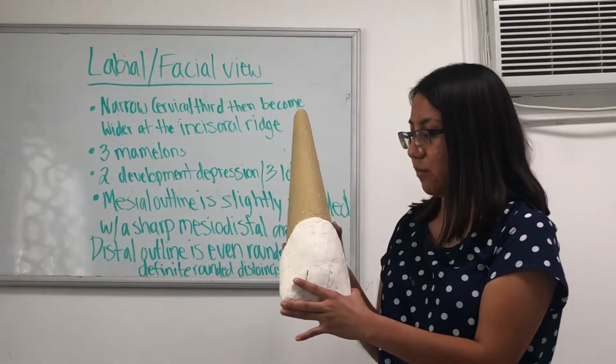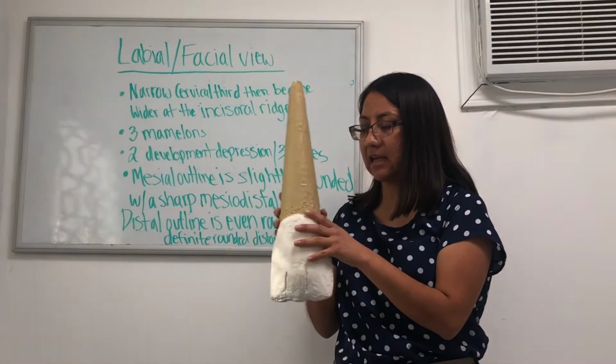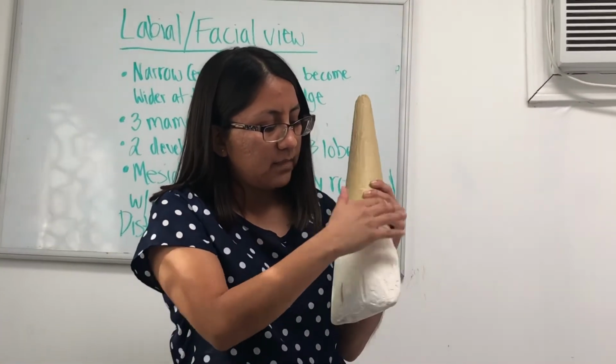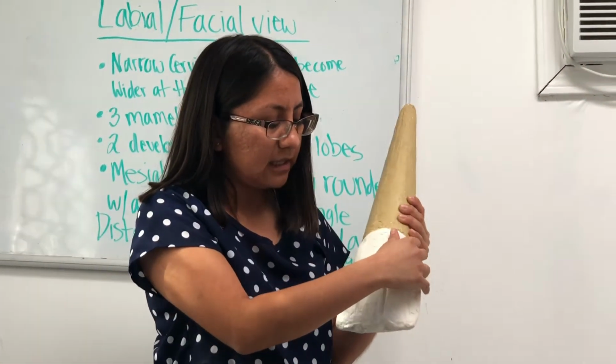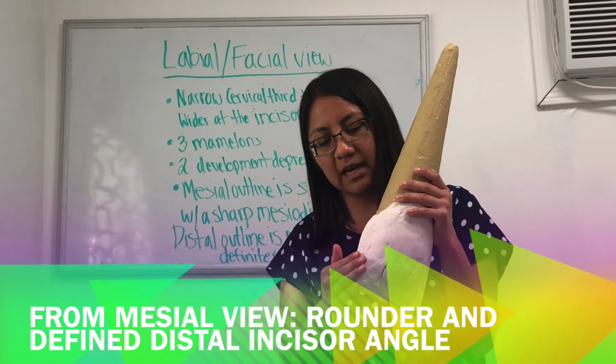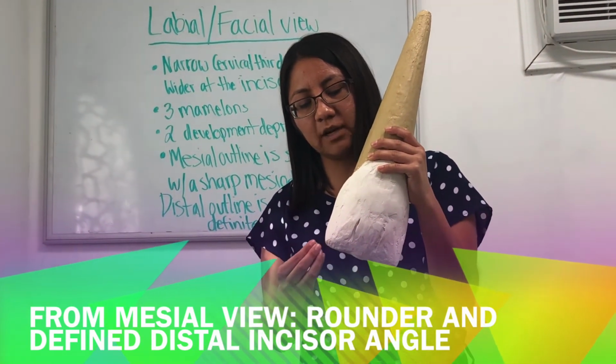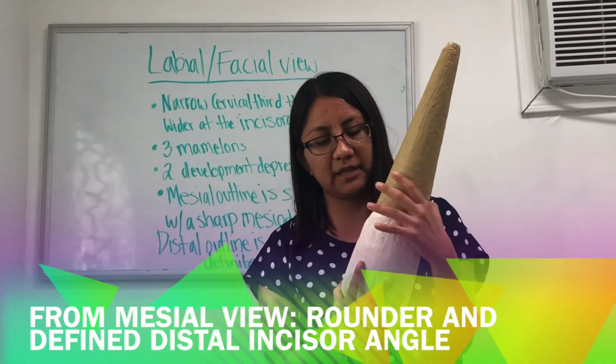One thing I really want you to keep in mind is that when you're looking at the tooth from the mesial, you can see that it has a rounder shape and has a more defined, rounder distal incisor angle. Okay.